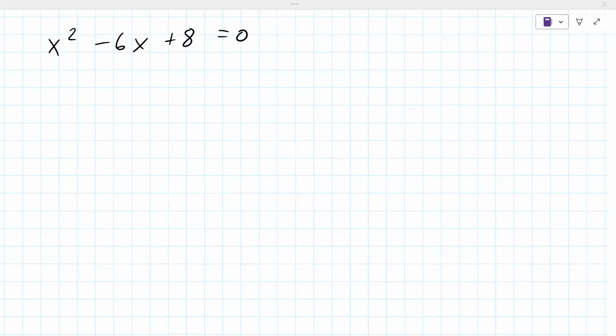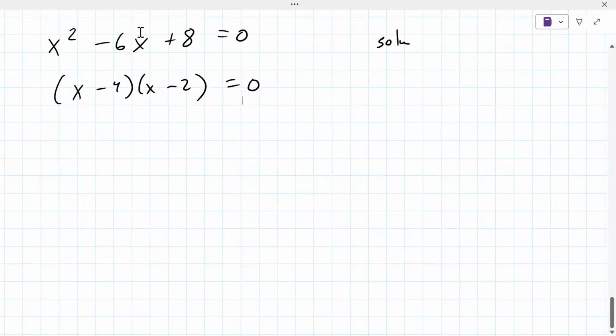It would be -4 and -2. Is that your final answer? I think so. So remember, we're solving. What you told me is actually the two numbers that multiply to 8 and add to -6. It's correct, but that's not the final answer.